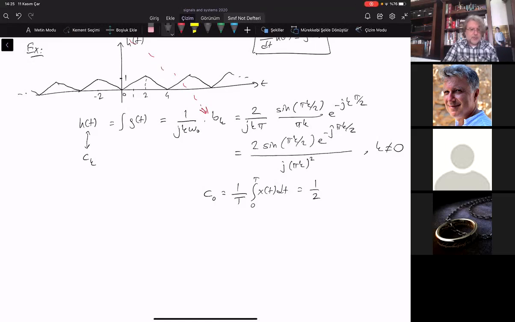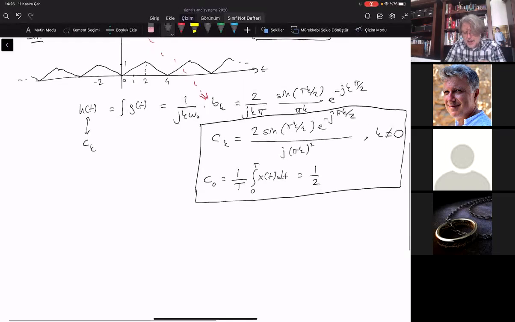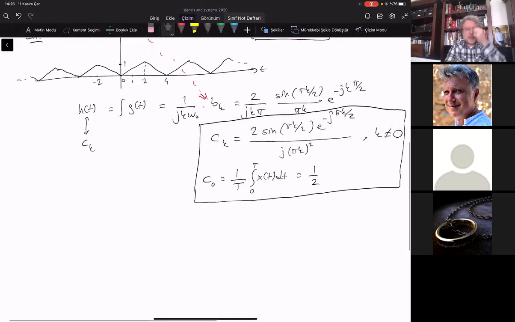Okay, for k equal to 0, in other words, this is the answer that you have to give. So you should better give the answer in an examination and put it in a box like this with ck and c0, preferably separately, because joining them would be a little bit difficult. Okay, so this was another example.